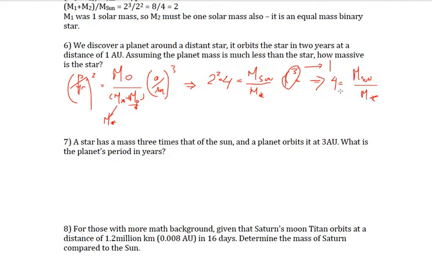If we switch these two around, what you can do is take the whole equation and multiply it on both sides by m star, and divide it on both sides by 4. So we'll do that right here.